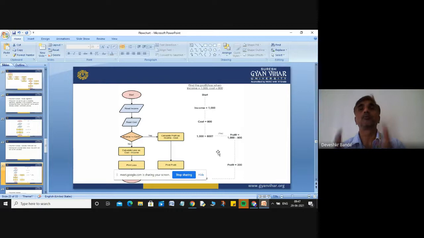Okay, you will produce the loss. Okay, this is the flowchart for calculating the profit and loss. Again, I am saying your flowchart is only the graphical representation of the steps which you will write in your algorithm in sequential order, in sequential fashion.